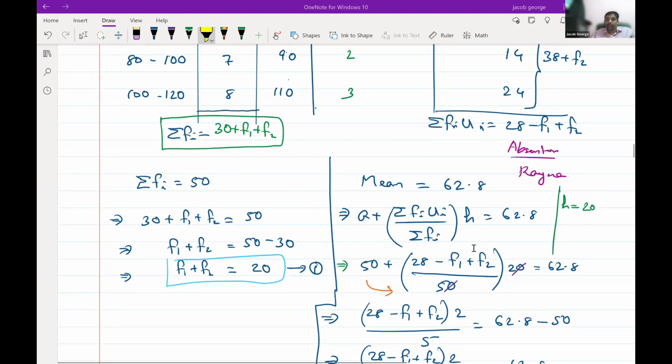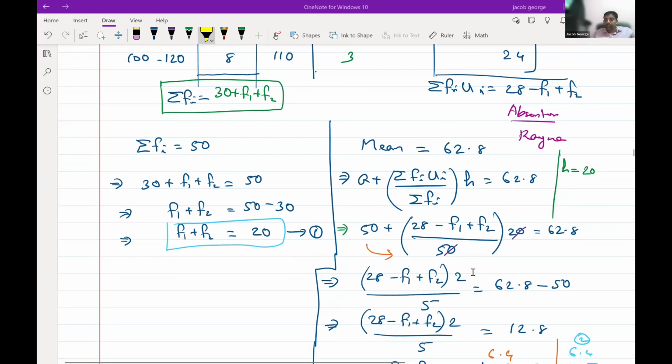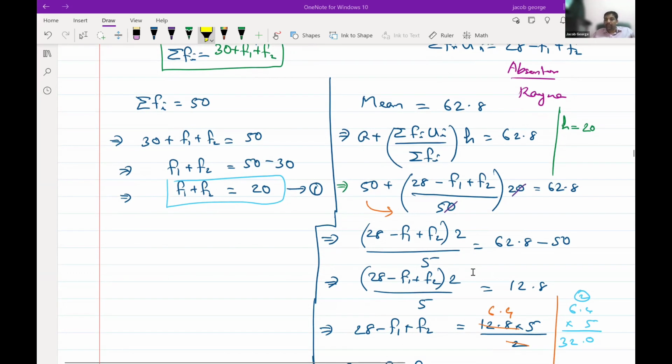Reina, is it clear? You were absent that day. Now, are you getting the point? Yes, sir. Okay, so now we have to find the second equation from here. So 28 minus f1 plus f2 is 12.8 into 5 by 2. 5 will go to the right side numerator and 2 to the denominator.